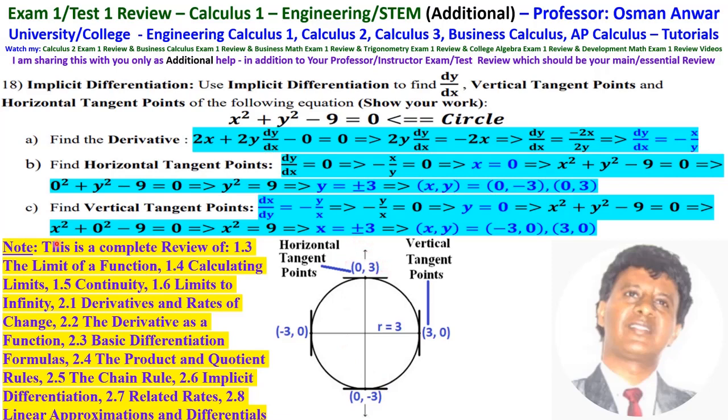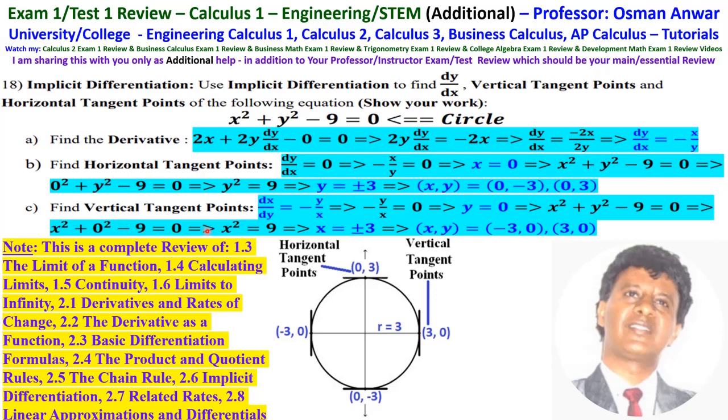Then C is find the vertical tangent points. For the vertical tangent points, we know dy by dx is minus x over y. That means dx over dy is minus y over x. Then we set minus y over x equal to 0. That gives us y equal to 0. That means x squared plus y squared minus 9 equal to 0 means x squared plus 0 squared minus 9 equal to 0.